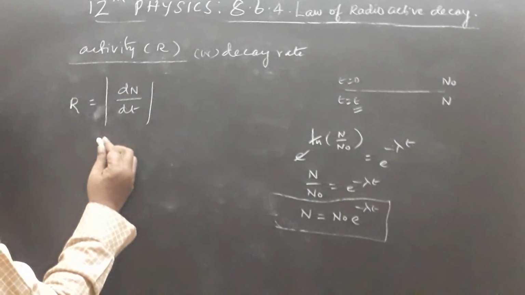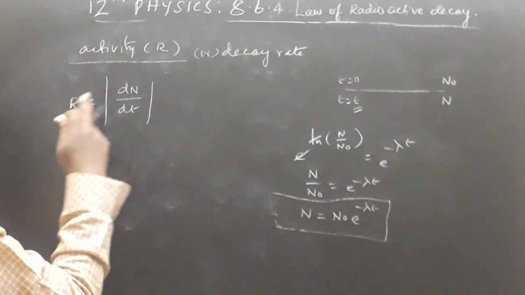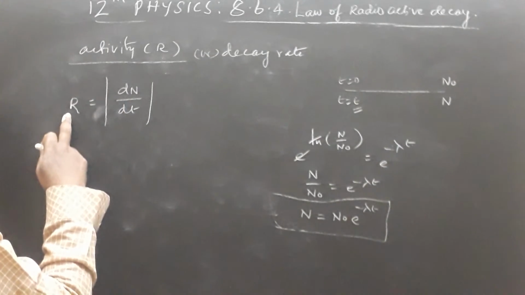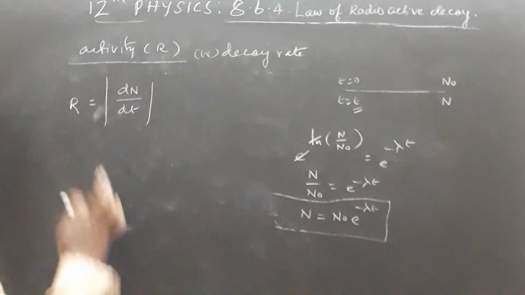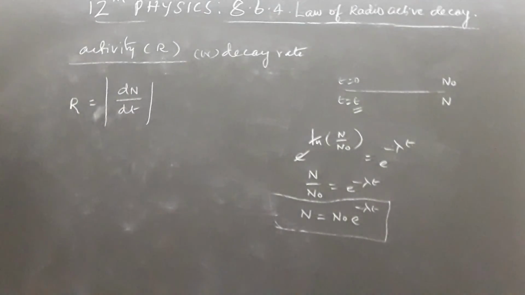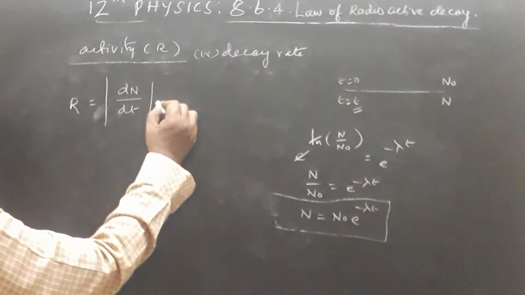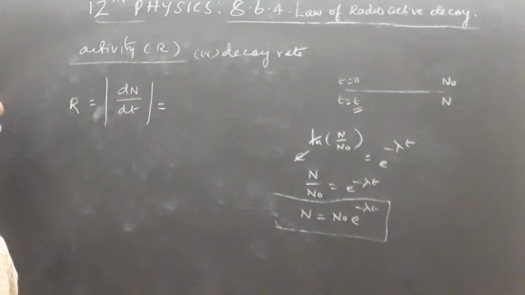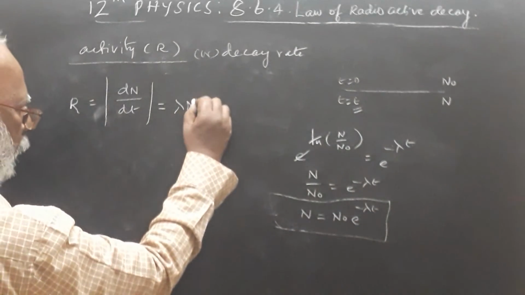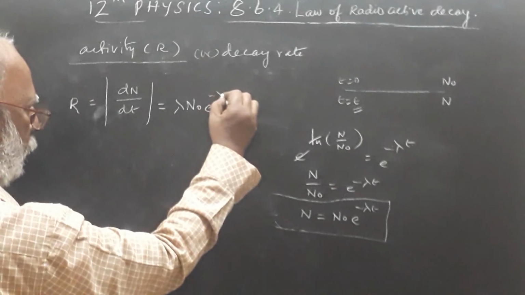That's why the activity or decay rate R is equal to the mod of dN by dt. We already studied that dN by dt is nothing but lambda N naught e power minus lambda t.